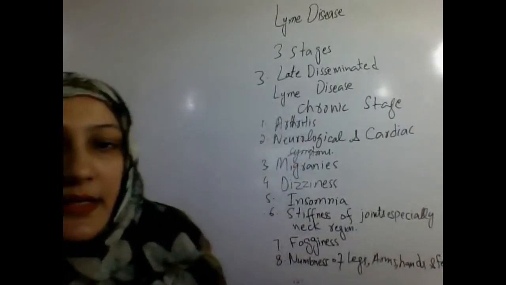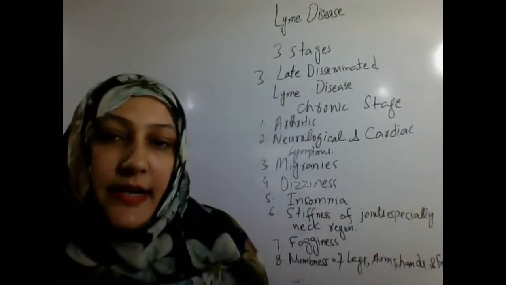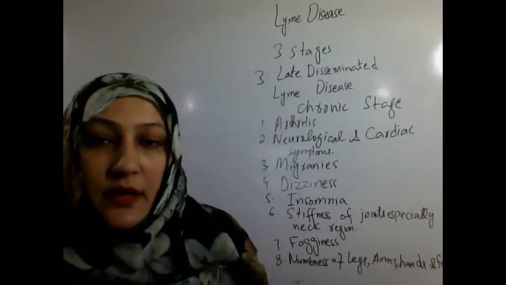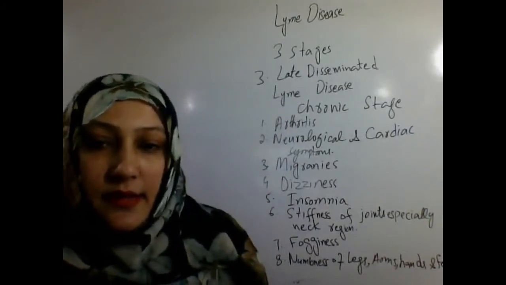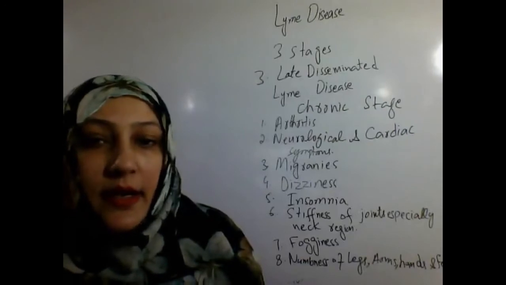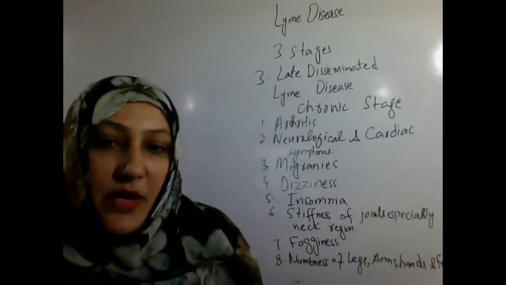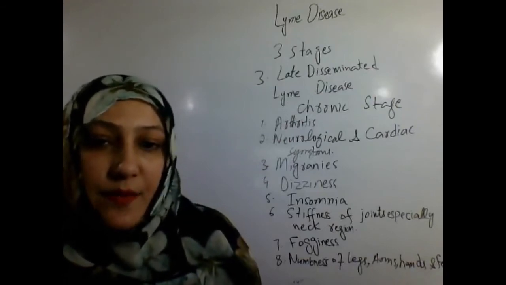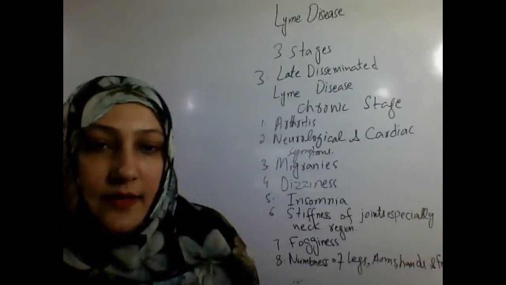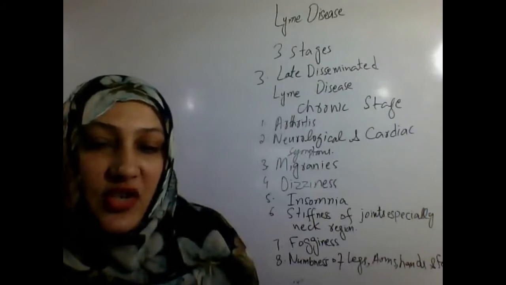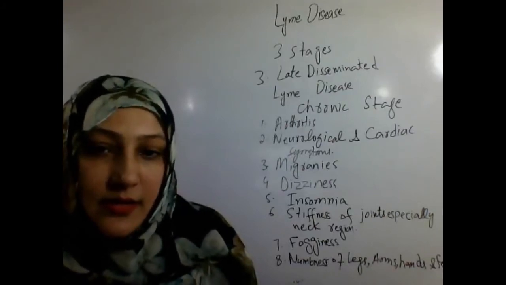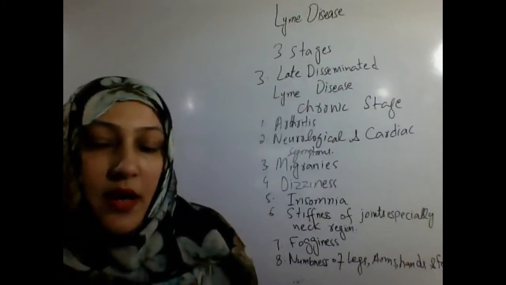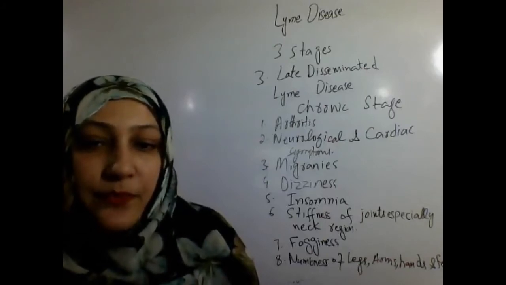In the third stage of Lyme disease, the late disseminated Lyme disease, this is the chronic stage. In this stage the symptoms become worse. Arthritis may occur in the patients, and neurological and cardiac symptoms are seen. The headache becomes more severe and changes into migraine conditions, with dizziness and insomnia, the lack of sleep, a sleeping disorder.